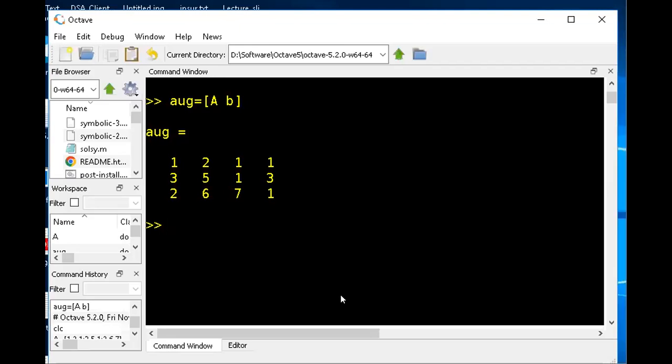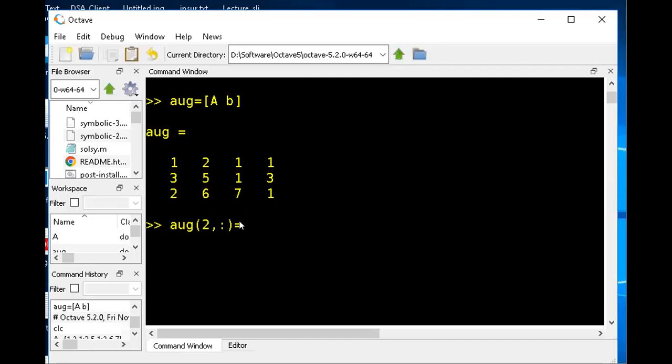So the second row, it has a name, augmented. I don't like to type, this is too long. I do the row operation on the second row.